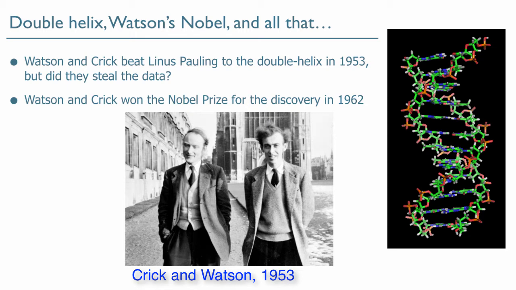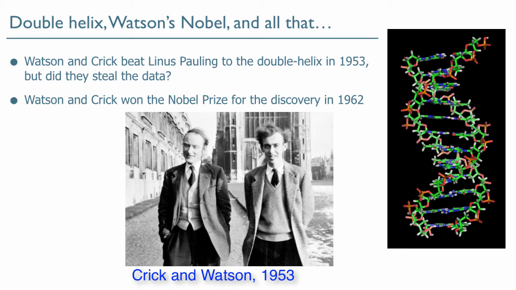On the other hand, there is the notion out there that Watson and Crick didn't get the data themselves. They took, in an unauthorized manner, the data that they ultimately used to figure out the alpha helix structure. So there's been controversy surrounding this from the beginning, but it got a lot stranger as time went on.